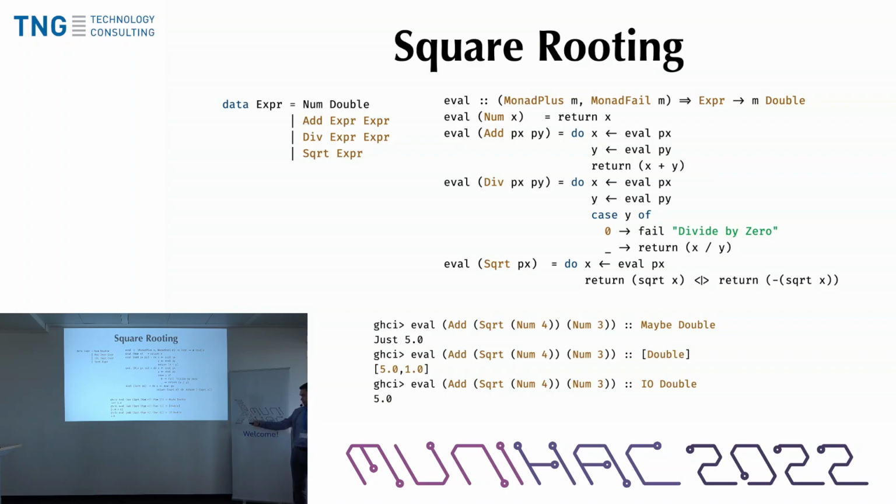And finally, if you work in the IO monad, for instance, it too supports MonadPlus and MonadFail, and it just discards the answer, and it doesn't even tell you that it was in the Maybe context. It just will return 5 in that context. So we have all these different possibilities. I'm hoping to show you here that there's flexibility and compositionality going on here, and that's quite a useful thing when we're designing things.